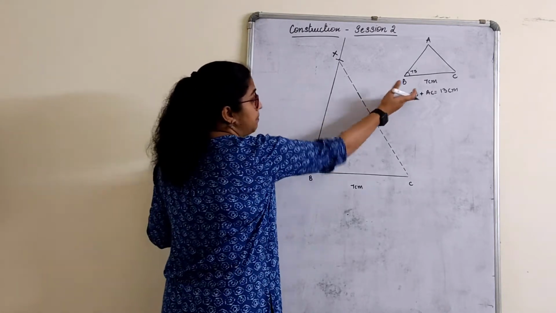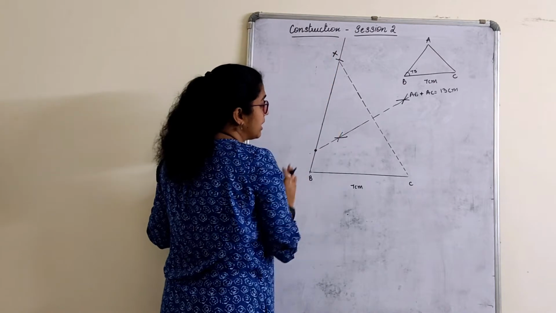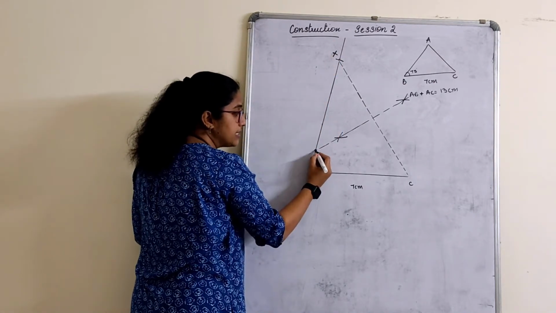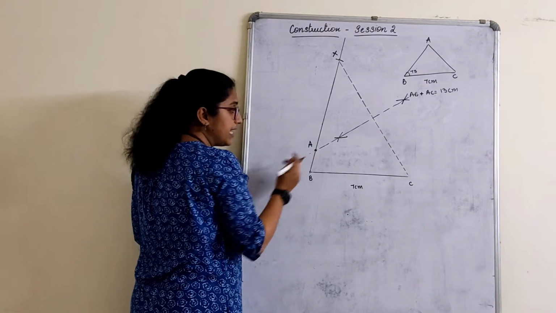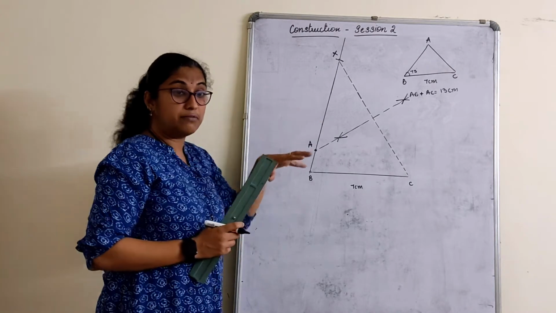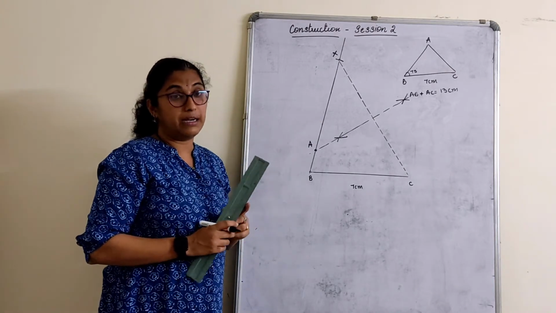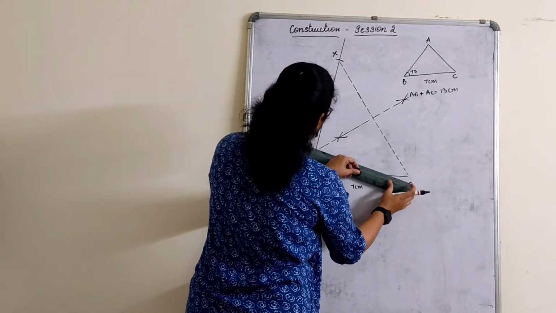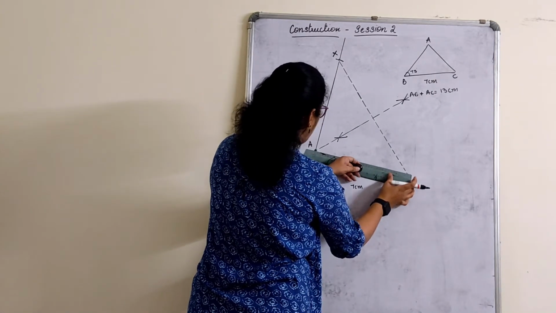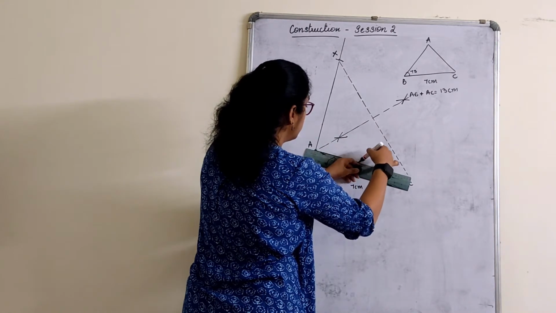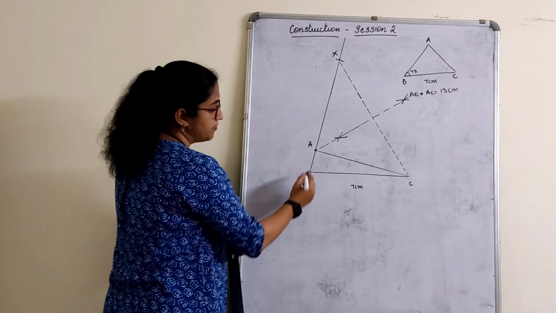Now see, the perpendicular bisector will cut at some point on this line BX. It is here. This point is A. Your line might come somewhere here, children. You will only come to know when you do the perpendicular bisector. Bisect the CX line. Now what we have to do? We have to join AC.